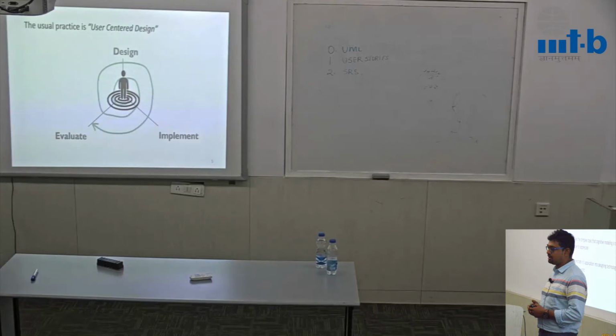You would again go back and design something new or improve, implement again, evaluate. So this is a spiral cycle. It keeps on going to improve your product. And that is why they call this the user-centered design process. Your user stays always in your mind throughout your product cycle.